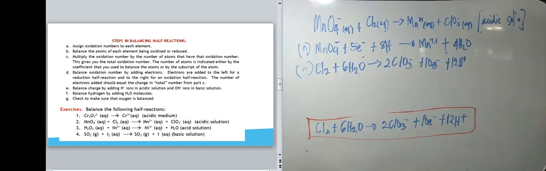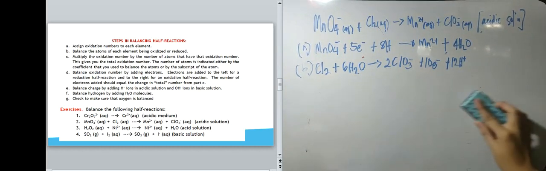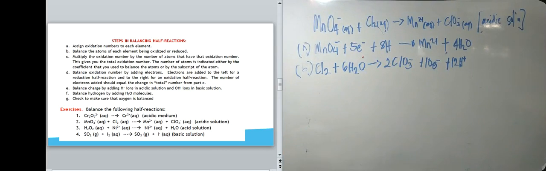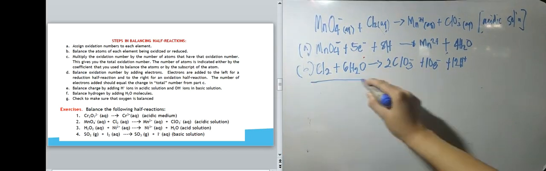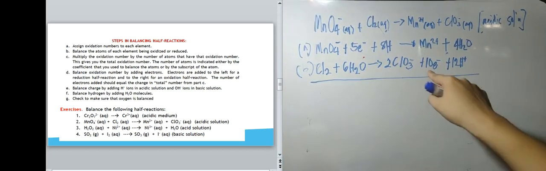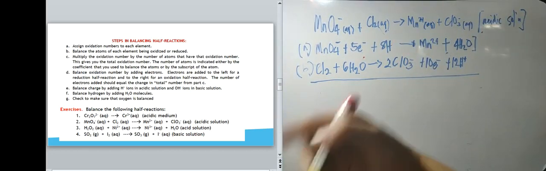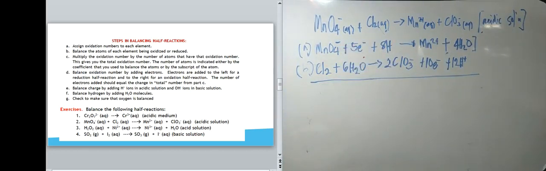Okay, there you go. So we may now get the overall reaction. So basically, 10 ito, we just need to multiply the first half reaction by 2.